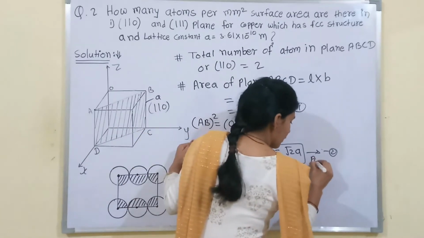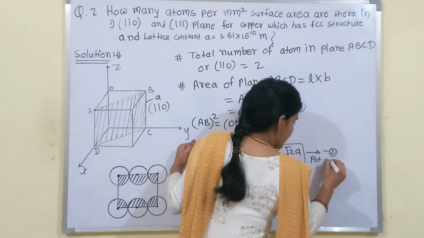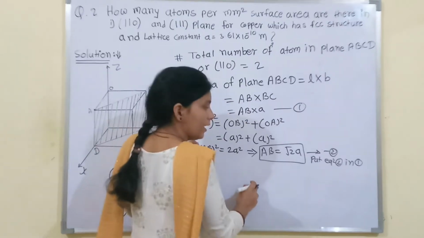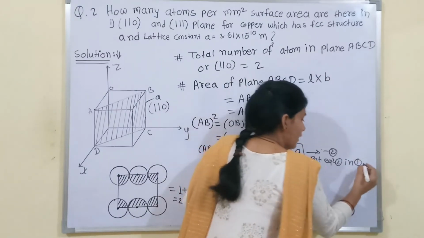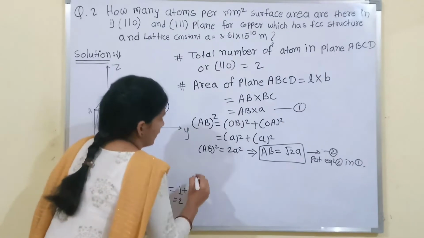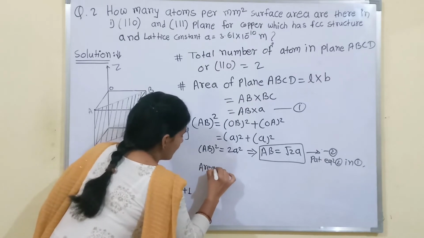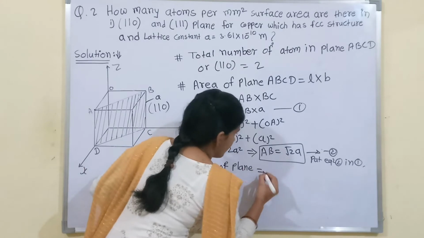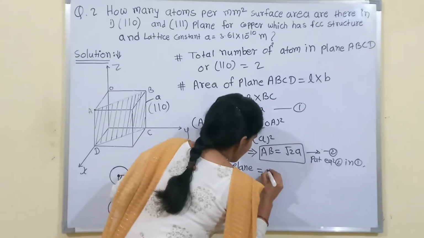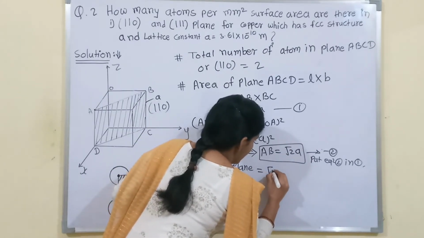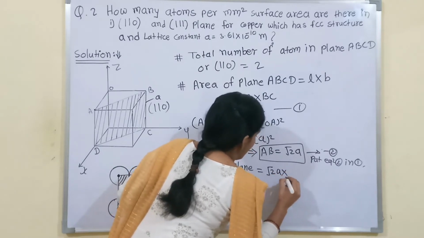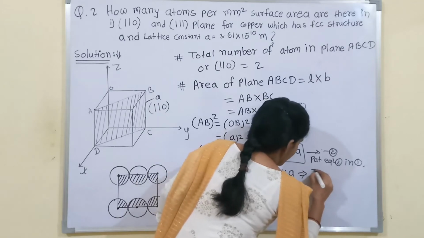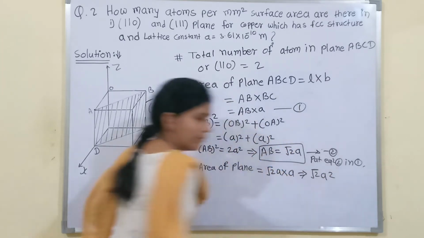Using equation 2 in 1, we will get the area of plane is equal to AB, which is root 2A, times BC, which is A. So we can simply write root 2 into A square.